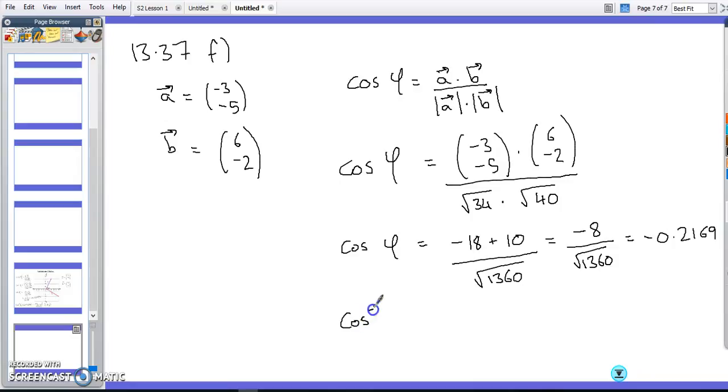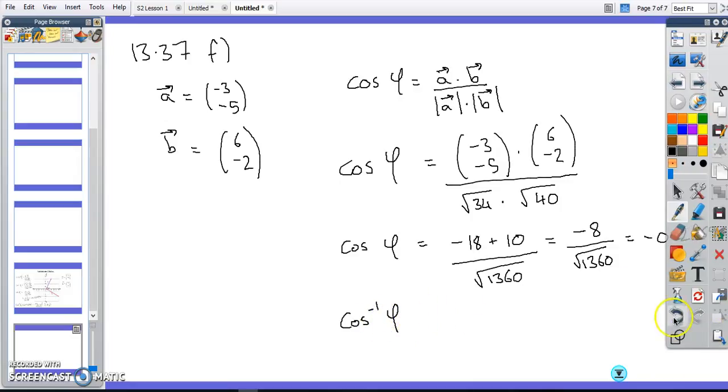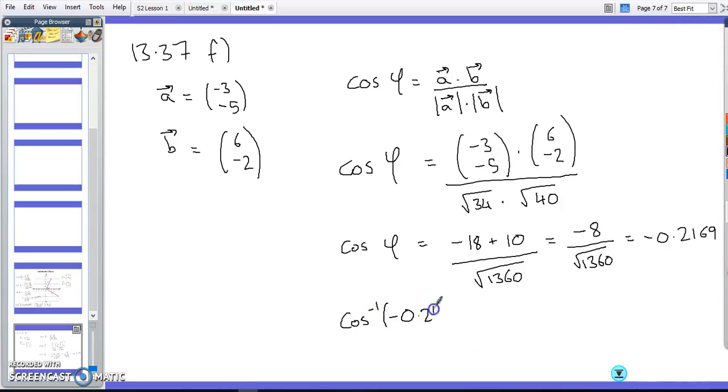Then I need to do the inverse cosine of the number that I just got, so -0.2169. And hopefully you'll get the same as me if you put it in your calculator, that you get the angle as being 102.53 degrees to 2 decimal places.